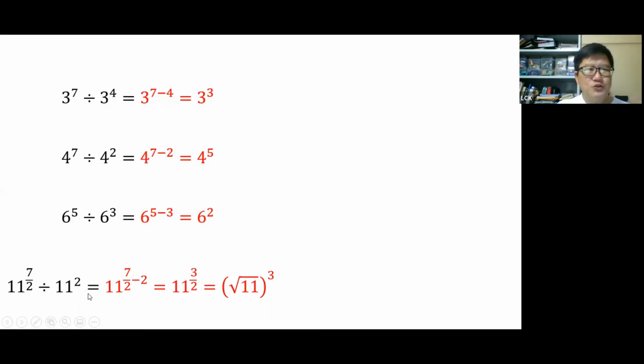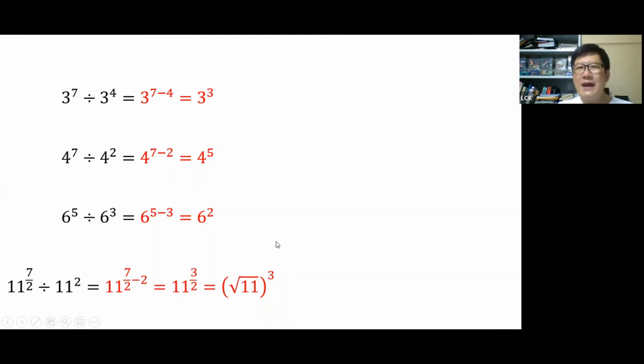You do the same thing. It's 11 to the power of 7 over 2 minus 2. It's a divide, so minus 2. That's 7 over 2 minus 4 over 2, and that's 3 over 2. If you don't want to leave it in this form, you can also write it as the square root of 11, and the whole thing to the power of 3.